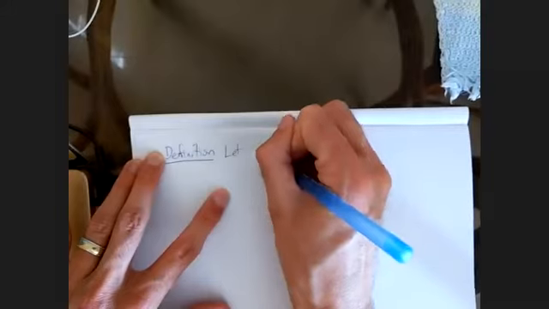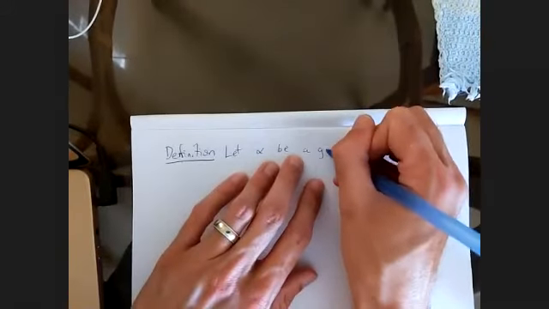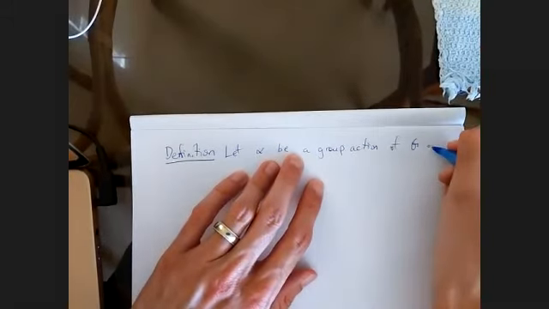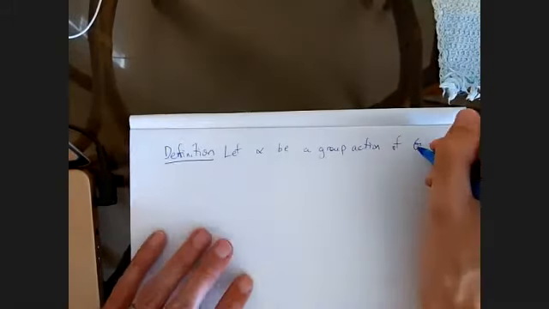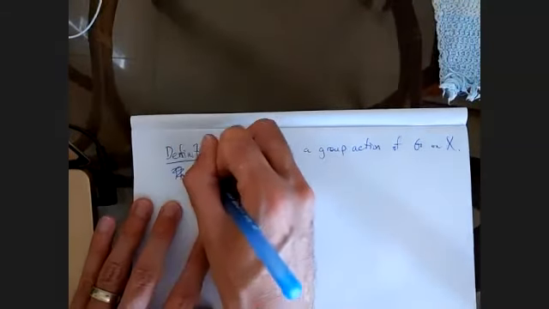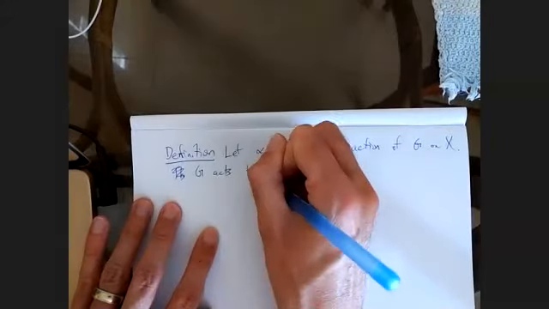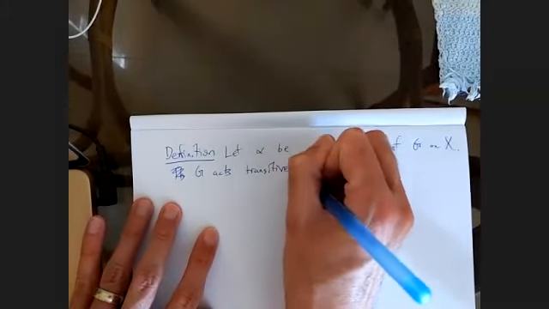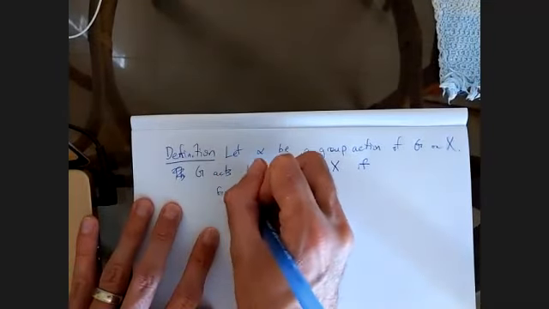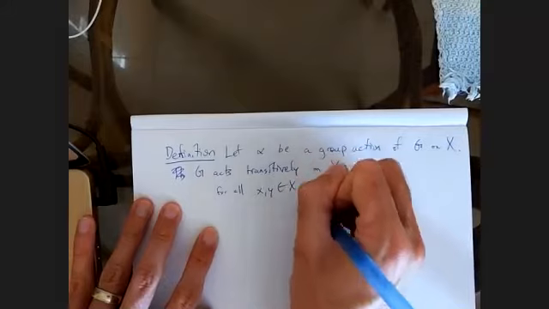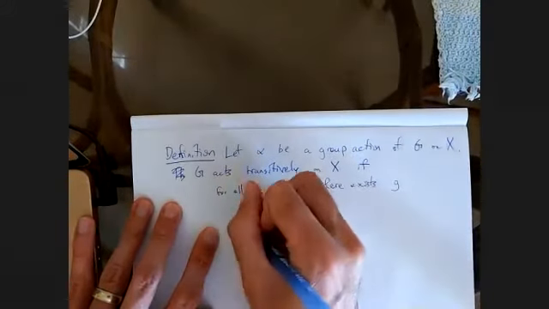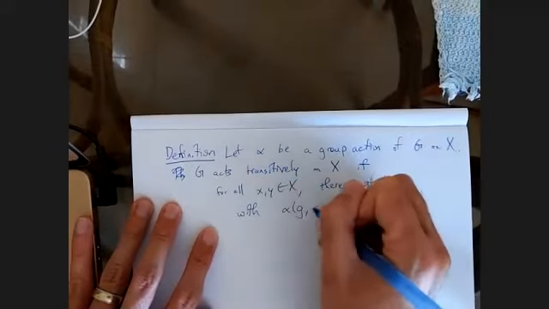Let alpha be a group action of G on X, meaning that X is a set and G is a group. So we can say G acts transitively on X if for all x and y, there exists g with alpha g x equals y.